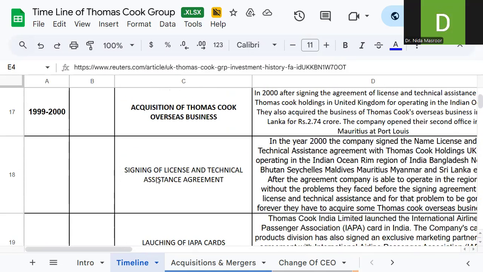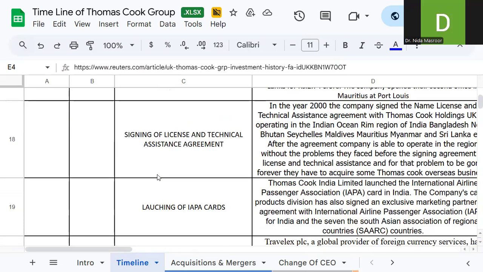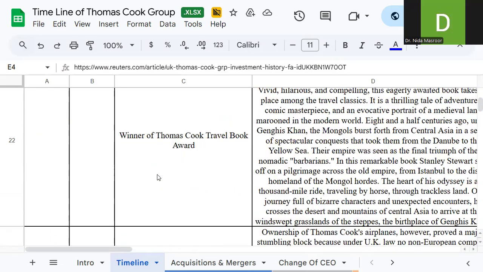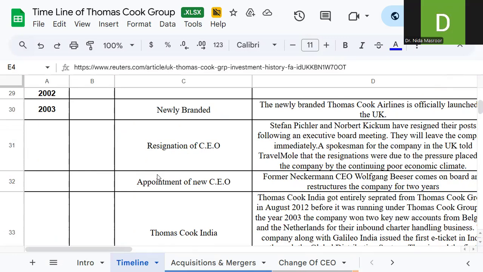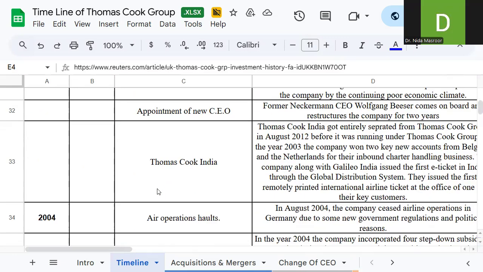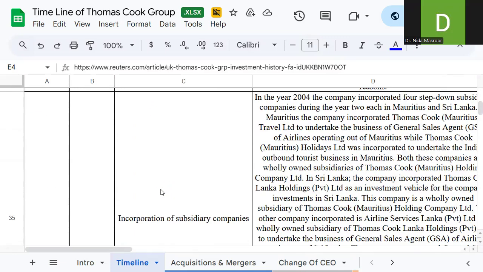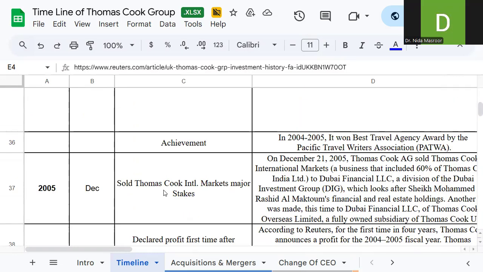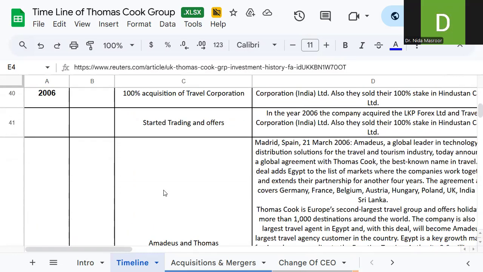So as we can see, from 2000 and 2001, the appointment of a CEO, resignation, change in operation holds. The details include a lot of things.